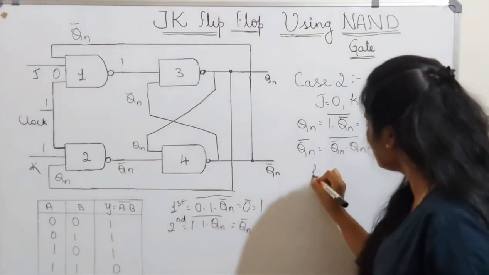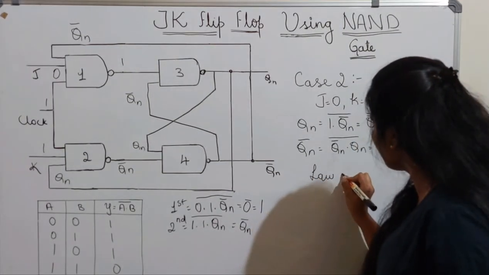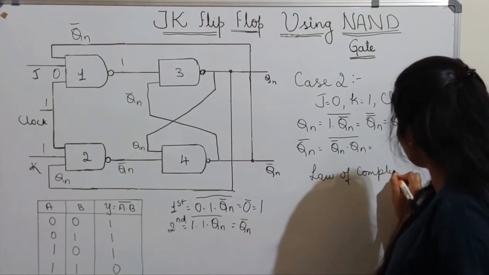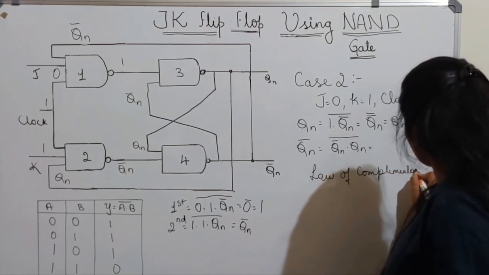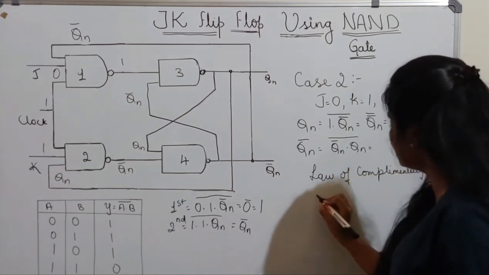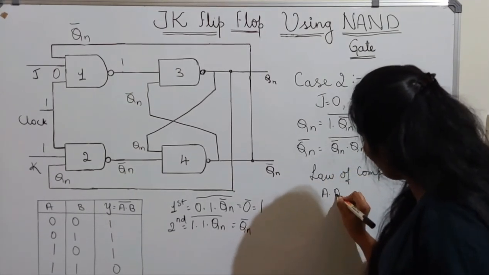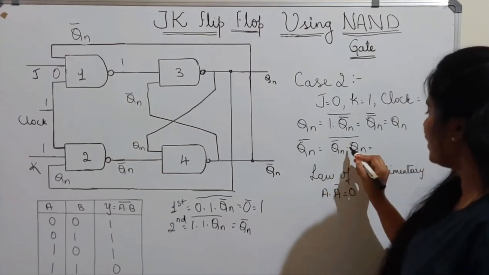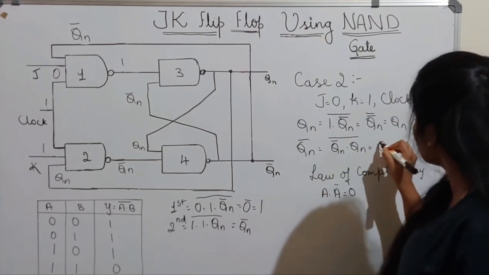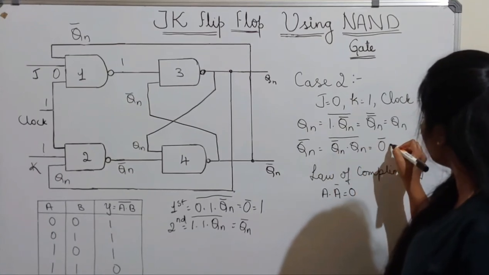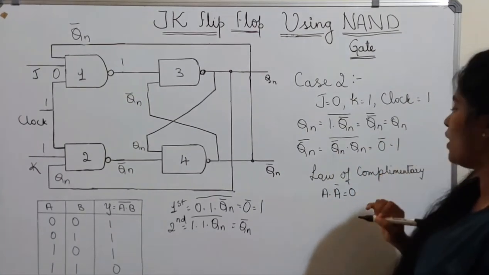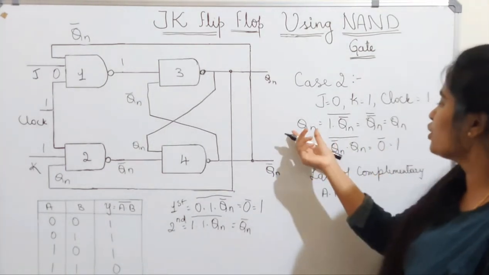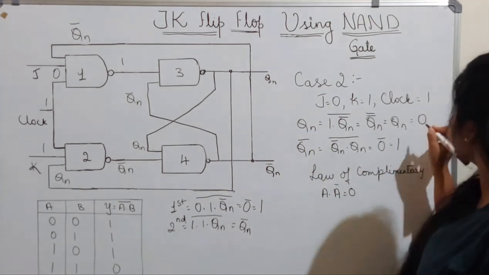If you notice here, the law of complementary says that A into A complement is equal to 0. So Qn complement into Qn is equal to 0. I am writing this complement here. 0 complement is 1. So as Qn complement is equal to 1, Qn turns out to be 0.